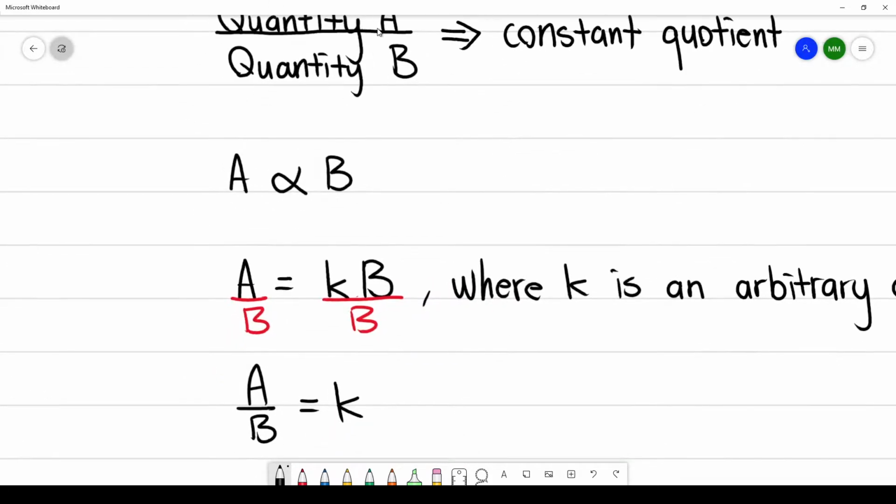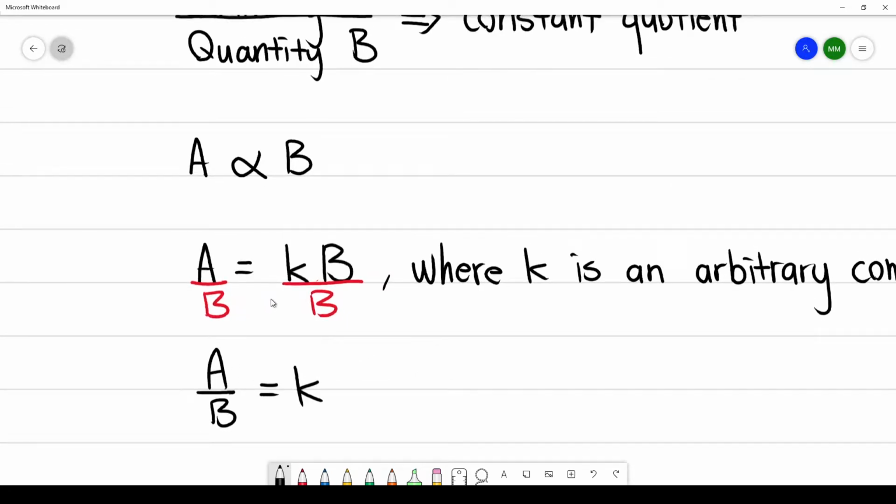And look here, a over b is a constant quotient. So this k constant is essentially the quotient.